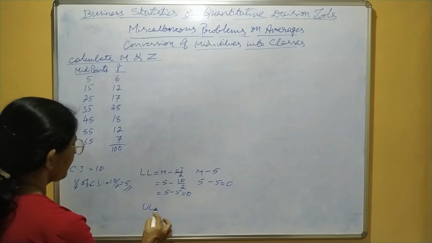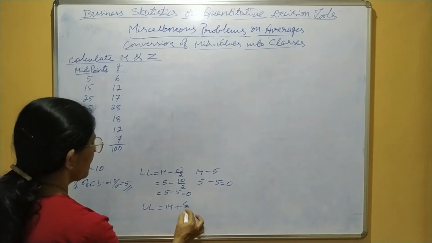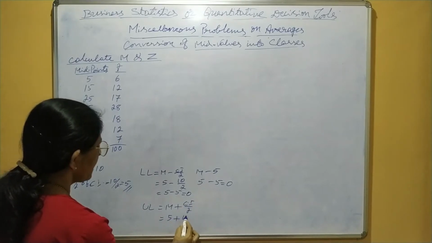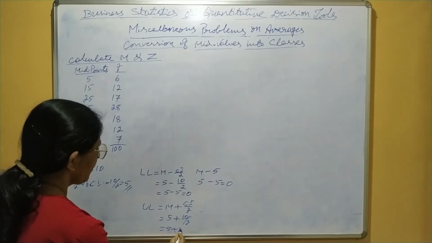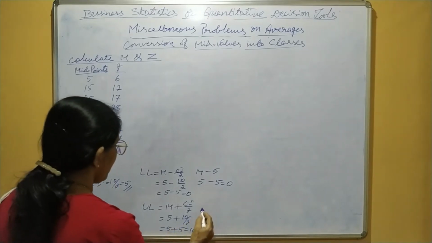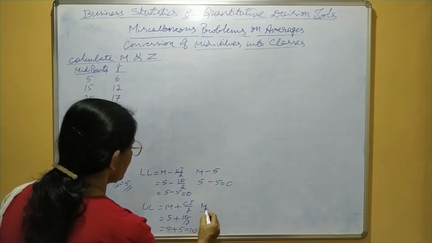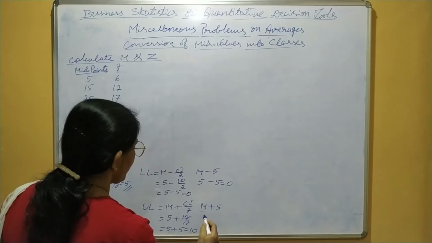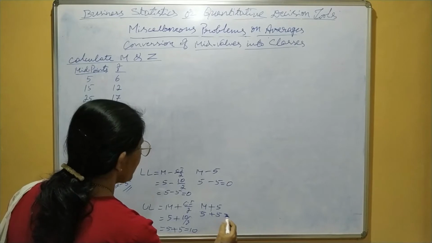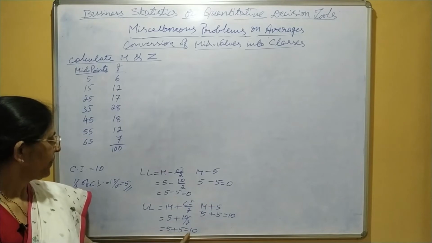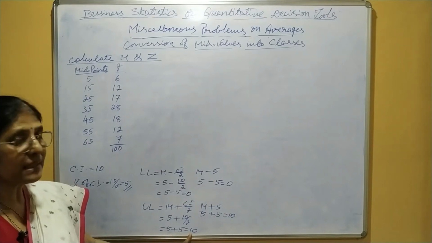The upper limit equals midpoint plus class interval divided by 2, which is 5 plus 10 divided by 2, equals 5 plus 5, equals 10. By the shortcut method, upper limit is midpoint plus 5, which is 5 plus 5 equals 10. Therefore the lower limit of the first class is 0 and the upper limit is 10.